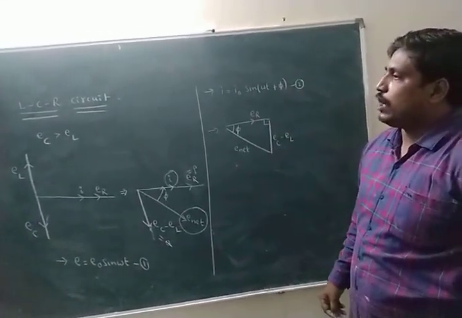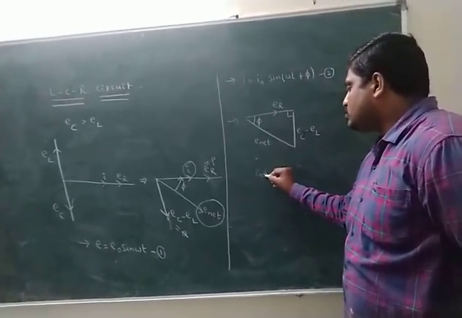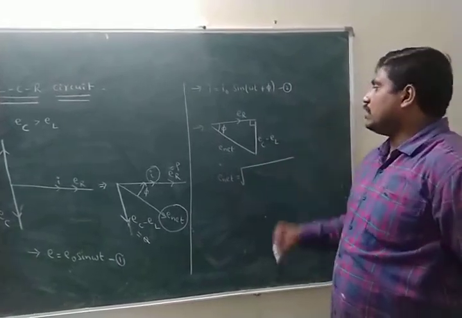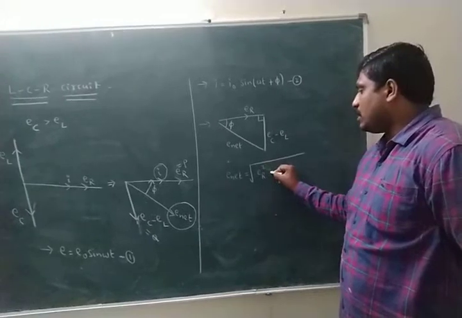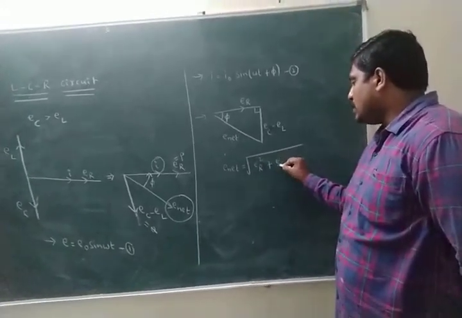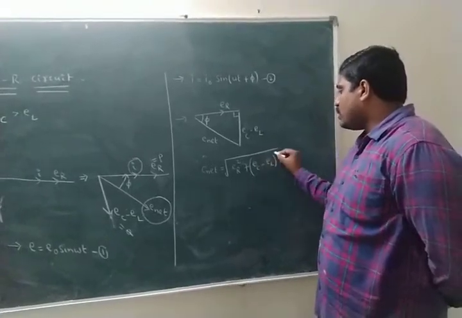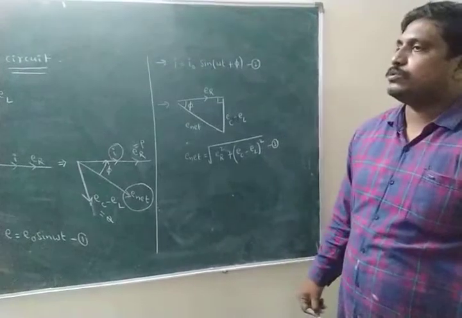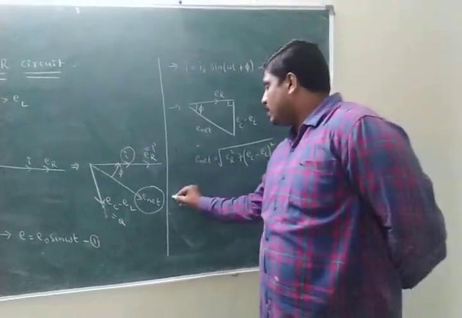Which theorem is applicable? Pythagoras theorem is applicable. In this situation, E net equal to under root ER square plus EC minus EL whole square. Equation number 3. According to which theorem? Pythagoras theorem. Okay. Next one.